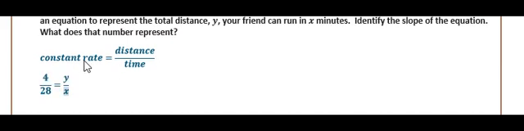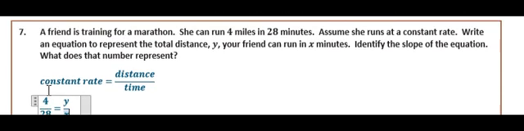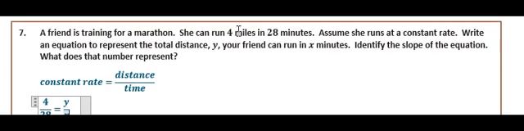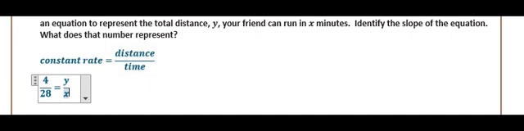Well, my given constant rate is 4 over 28, because constant rate is equal to distance over time, and the problem says that I can run 4 miles distance in 28 minutes time. And then that's equal to the distance over time asked in the problem, and I'm being asked to solve for total distance, so that's going to be equal to y over x.